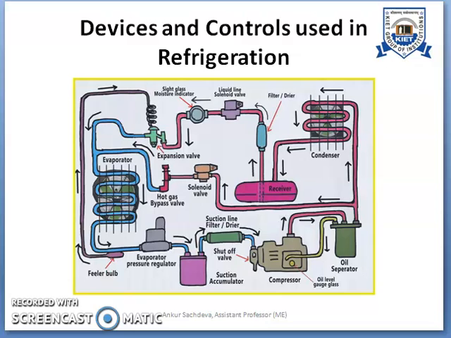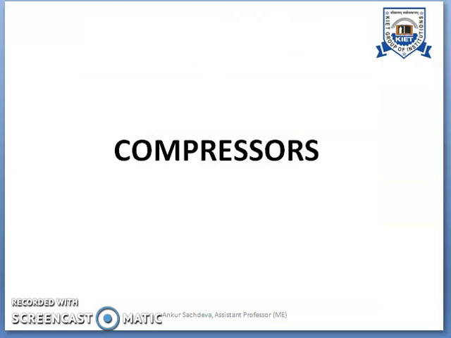For example, we have here solenoid valve, accumulator, and then we have pressure regulators, and like these we have a number of other controls that we will discuss later as we proceed into this unit. Okay, now let us talk about the compressors in detail.